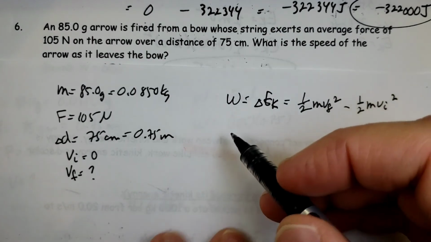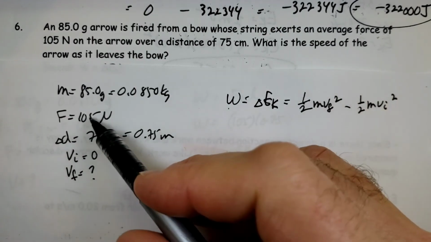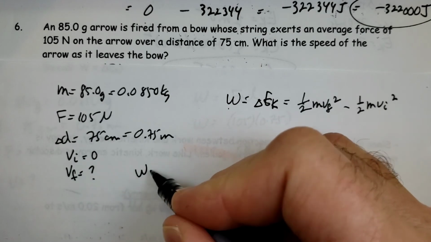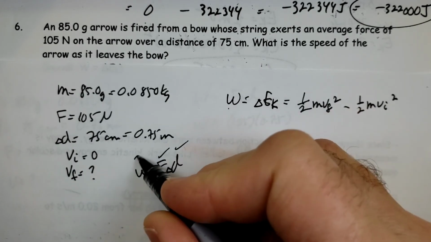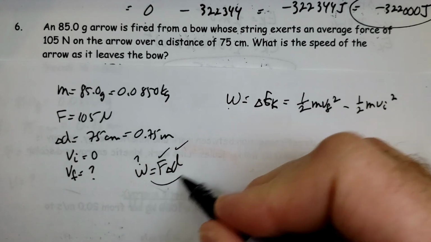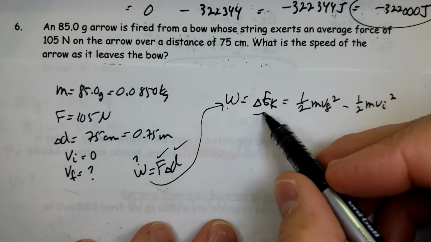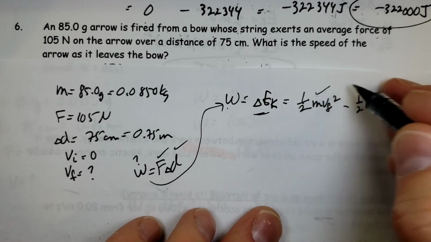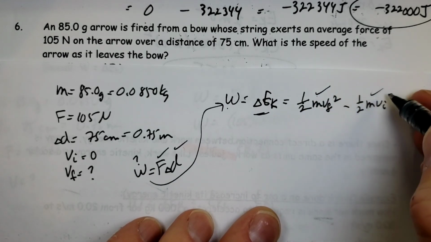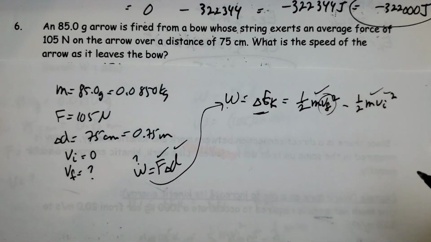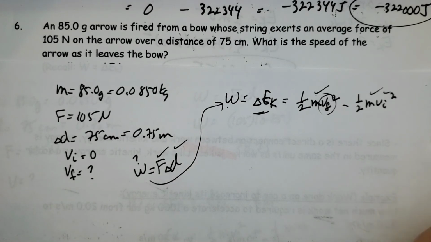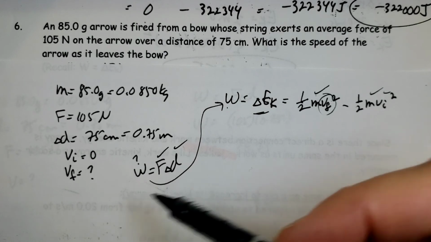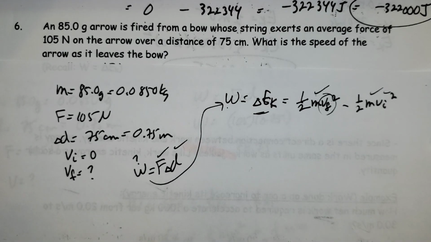So what we know here, if we know F and if we know d, we can figure out W. And then once we know work, that's really the energy involved. We know the mass. We know the initial velocity. So we just solve for vf. So it's a little bit easier. We're transferring the energy over. Nothing's losing. So that kind of gives you the setup for that assignment.